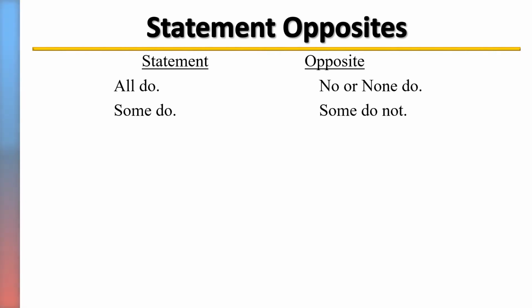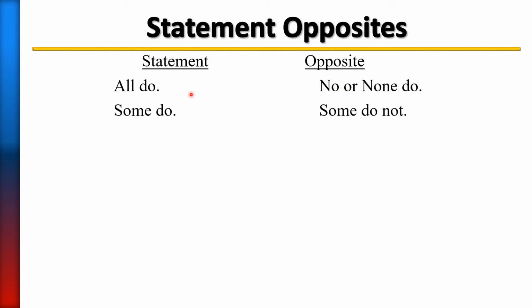So when you want to negate a statement that has quantifiers, here's what you're going to do. I use this little trick or hack to help students that I teach remember how to negate certain sentences. Think of something where it's either all or none. If you see all, of course the opposite of it is none.